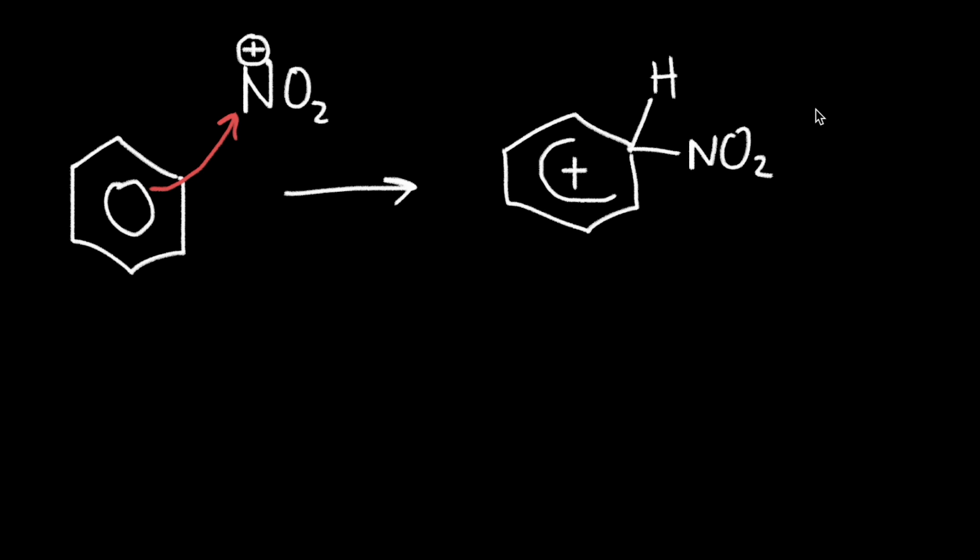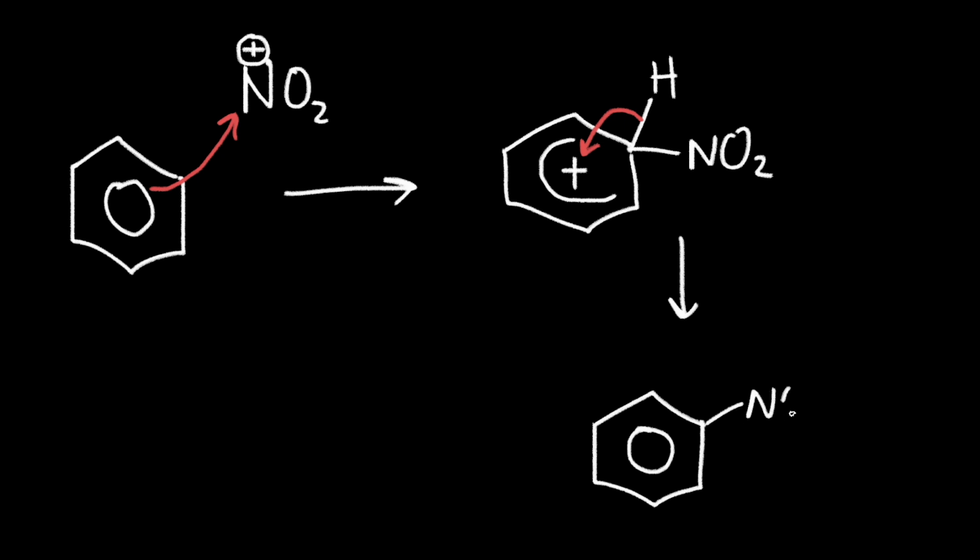So our next curly arrow is from this bond going towards the positive charge, so we're reforming the delocalized pi system, and this is going to make our delocalized system with the nitro group attached, and this H has just fallen off as an H+.